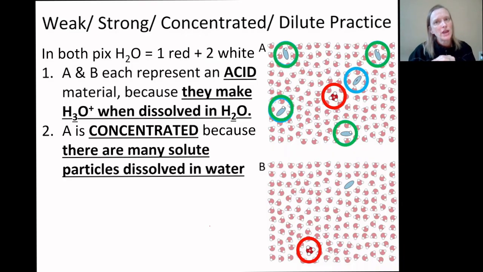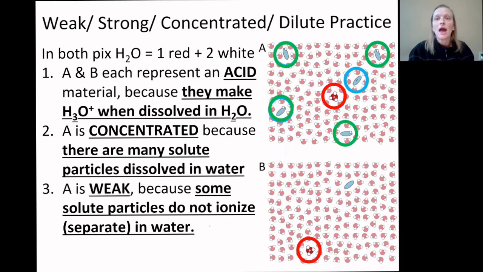But if you look at those solute particles, the four that are circled in green still have their hydrogen attached. Only the one acid particle that's circled in blue has actually lost its hydrogen.